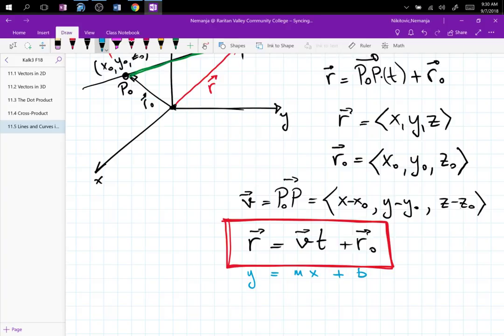This is the multivariable analog of y equal mx plus b equation. And when I say multivariable, I don't mean Calc3 or 3D. I mean 17 dimensions or 135 dimensions. This equation works in any dimension because it's a vector equation.